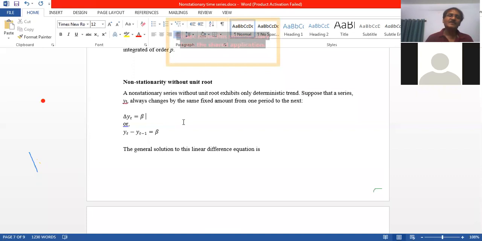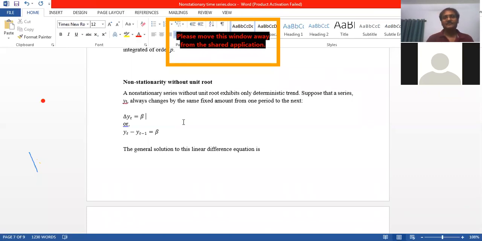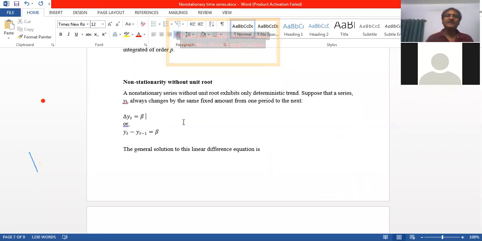How many times do we need to difference to get a stationary series? That depends on the number of unit roots present in the series. If in a series there is one unit root, you need to take the first difference to make it stationary. If a series contains two unit roots, you need to take the second difference.